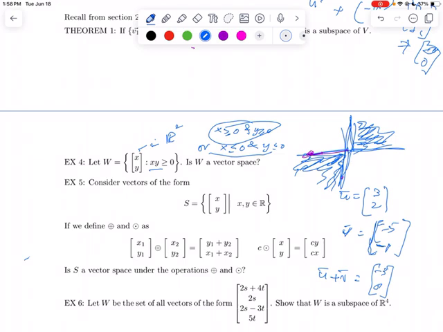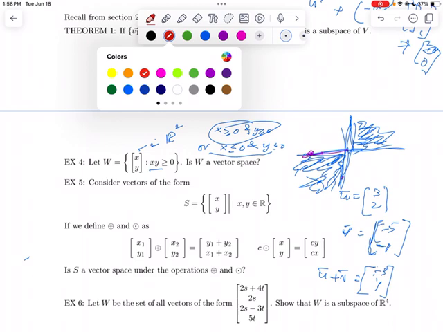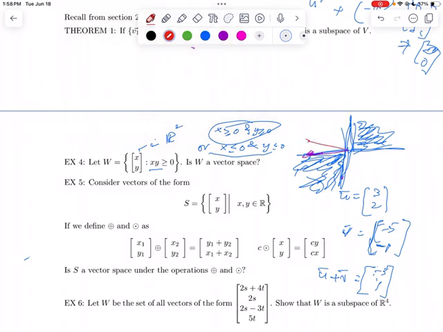The u plus v will become (negative 3, 1)? Negative 3 and 1 is in the second quadrant, which is not in this region. This vector will be over here, negative 3, 1, something like this. So not every sum is in our set W. Therefore, it's not a vector space.